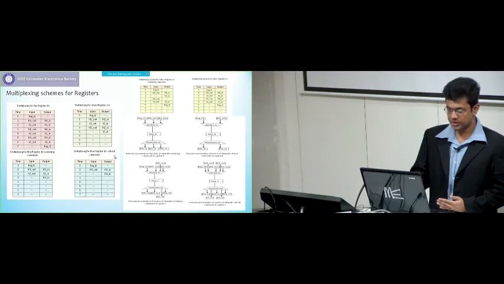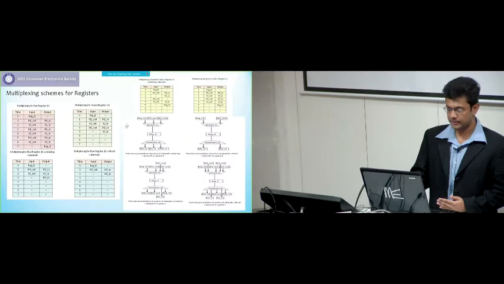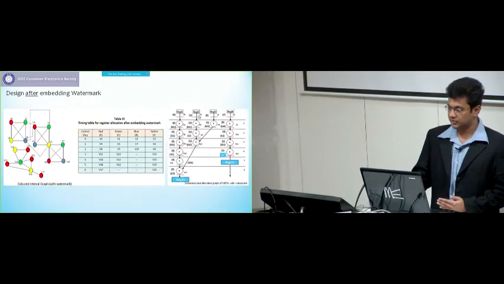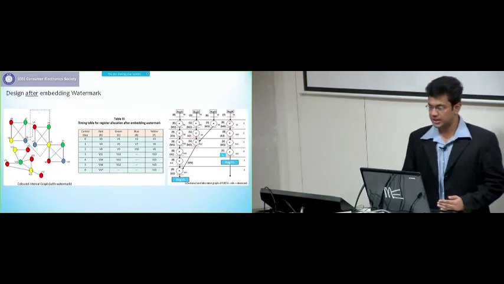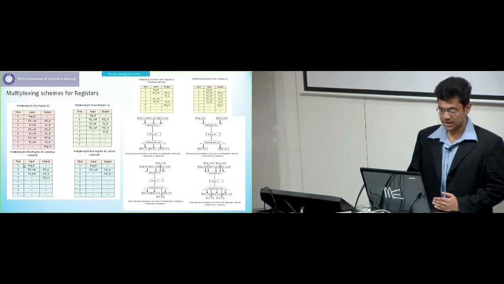If we look into the blue register, its first input comes from register I3, and the output goes into resource M3 in, and that is what is written here. Register I3 is the input and the output goes through M3 in. For the second, which means control step number 1, the input comes in from M4 out and the output goes to A3 in. So this is the M4 out and the output goes to A3 in.